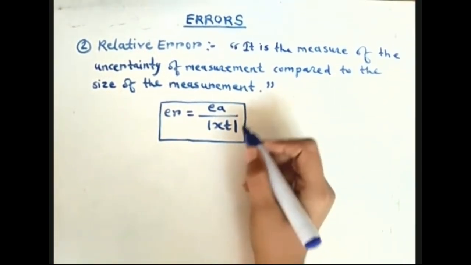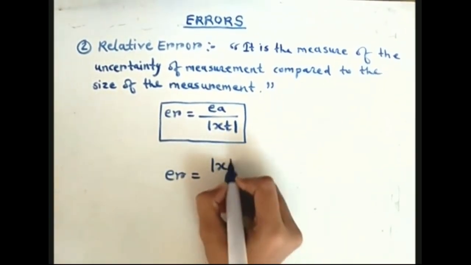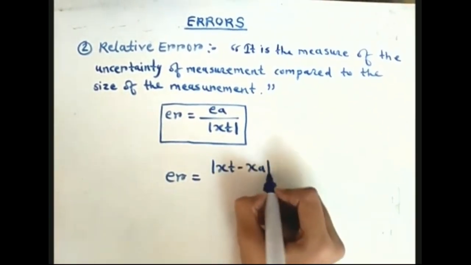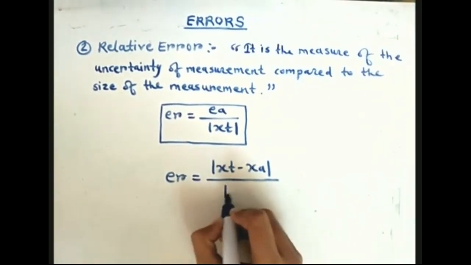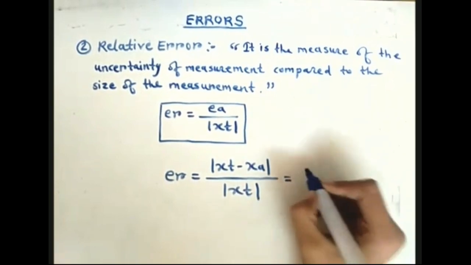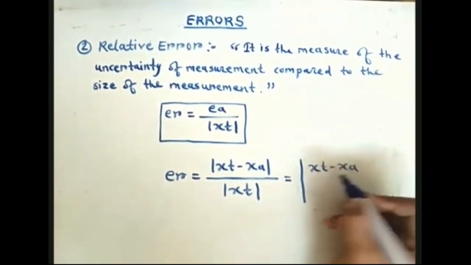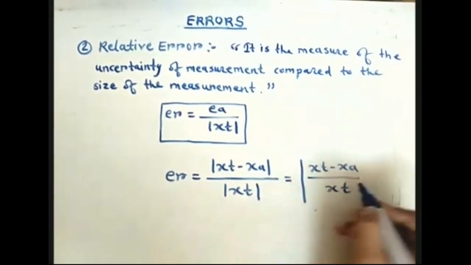This formula can be modified into ER equals mod of XT minus XA upon mod of XT, that is equal to the complete mod of (XT minus XA) upon XT.